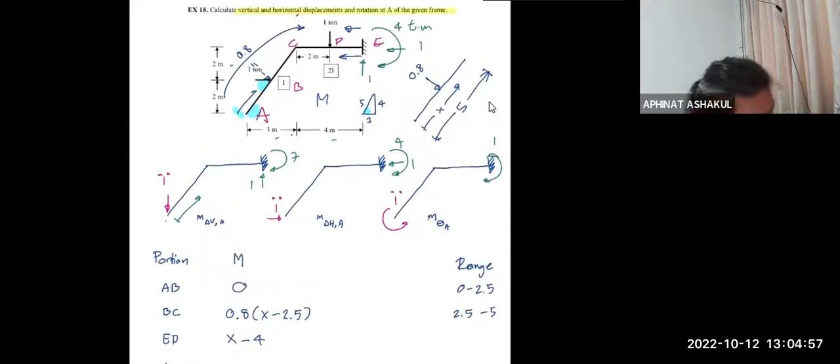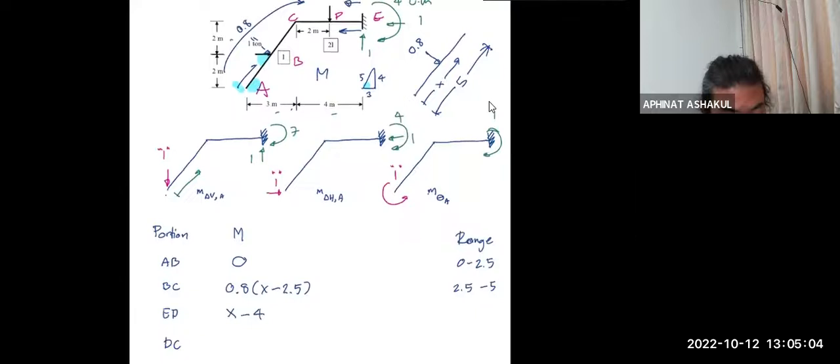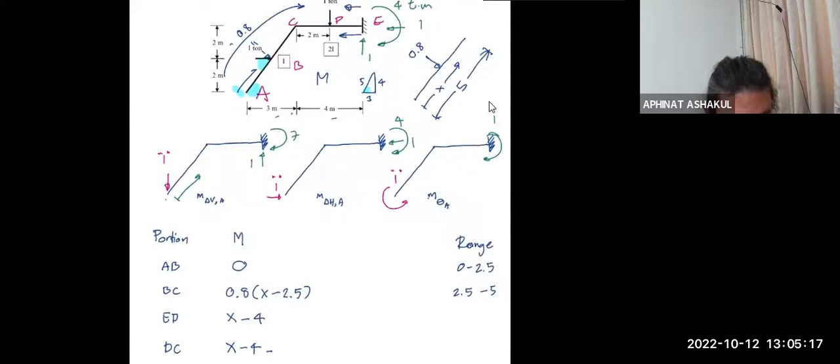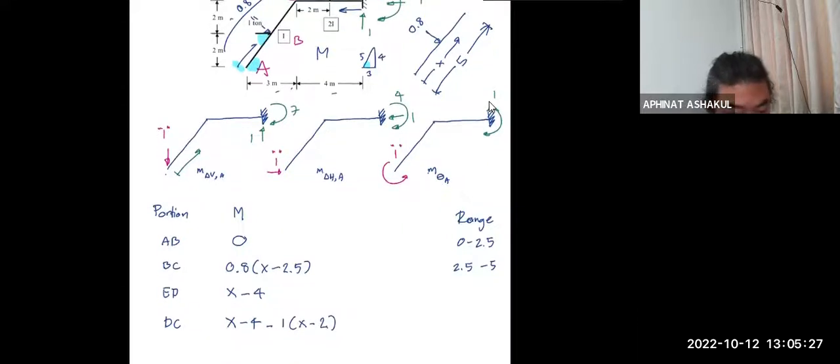And when I want to keep that x from E, when I reach D, my equation is x minus 4 minus 1 in front, and then x minus 2. Correct? Minus sign will be at the same level.